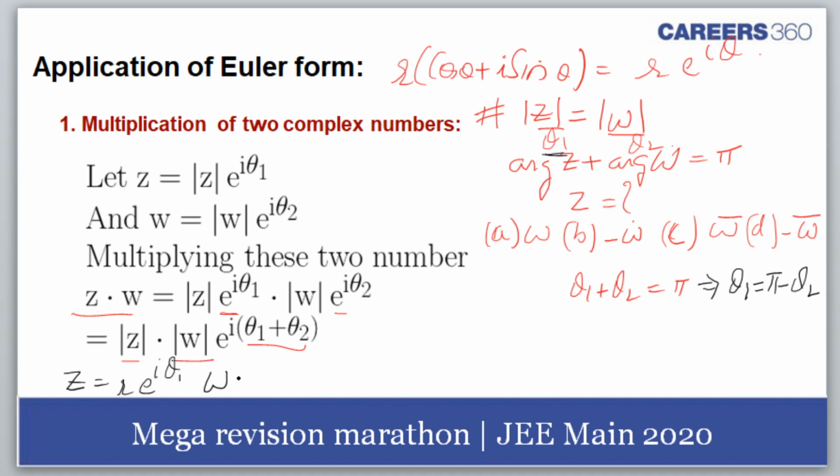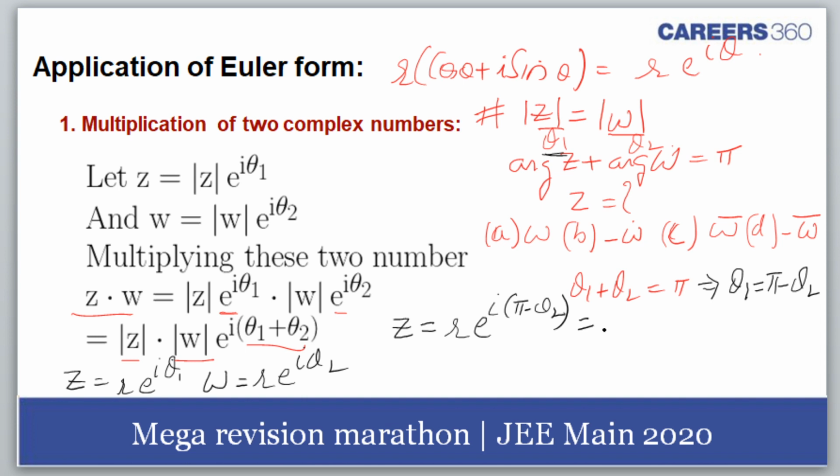And w, the modulus is the same, r e^(iθ2). Am I right? This is how I have represented z and w. Now listen, theta 1 I replace by pi minus theta 2. So I'll write z as r e^(i(π − θ2)). Am I right?